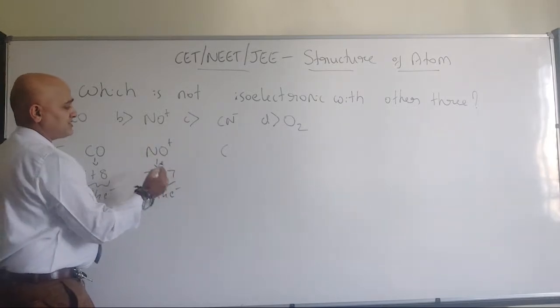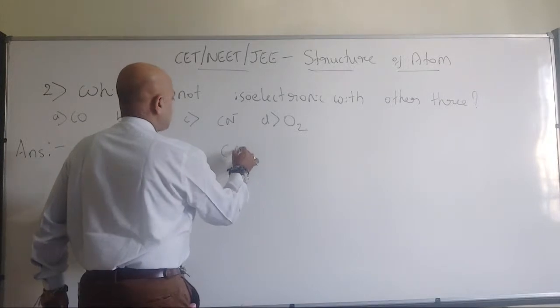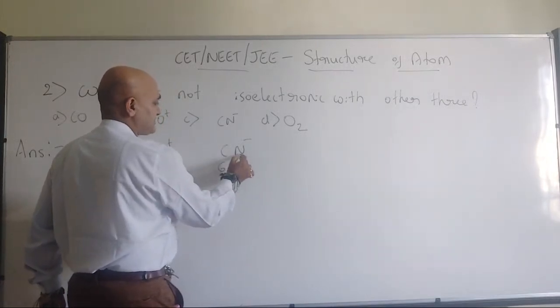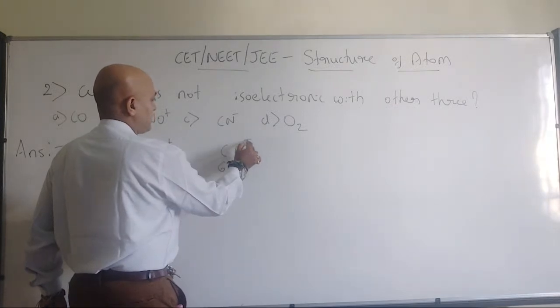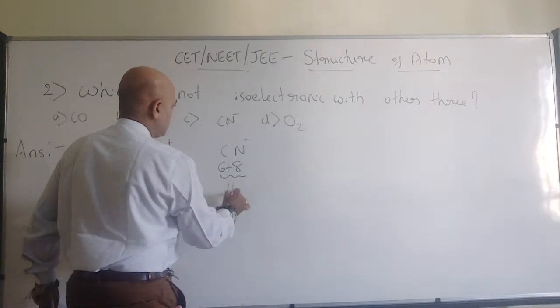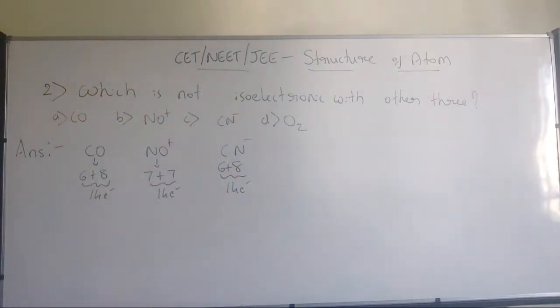Because O positive is there, 1 electron less. So carbon and nitrogen minus, that means 6, nitrogen is 7 plus another 1 extra electron, so 8. 6 plus 8, once again 14. Naturally it should be oxygen only.